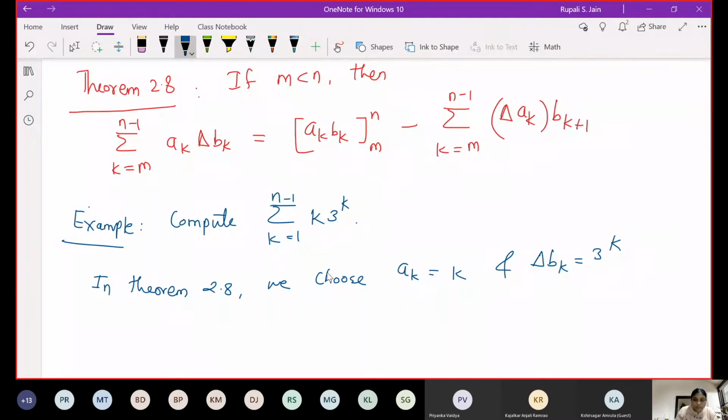So what should be my bk? 3 raised to k divided by 2, yeah, 3 raised to k by 2. The summation of a raised to t is nothing but a raised to t upon a minus 1. Therefore, bk is my 3 raised to k upon 2. Okay, now we substitute.